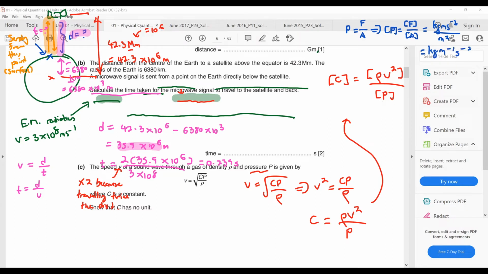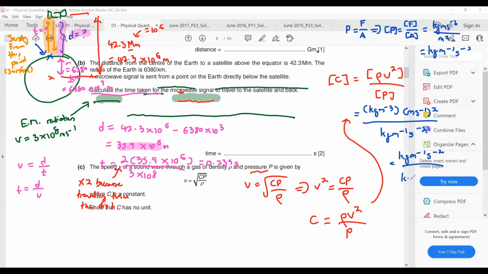Okay. So then from here you can start to proceed. Unit of density is kg per meter cubed. Unit of speed or velocity is meter per second. Then divide by this one, we have kg m^-1 s^-2. So you try to simplify the top part first. You get kg, then you get m^-1, then you get s^-2.